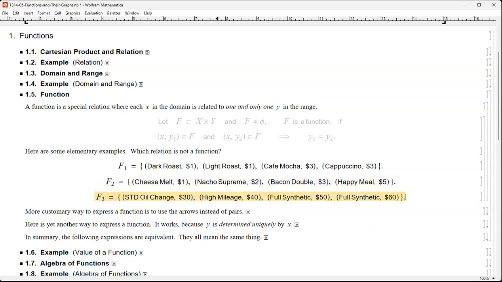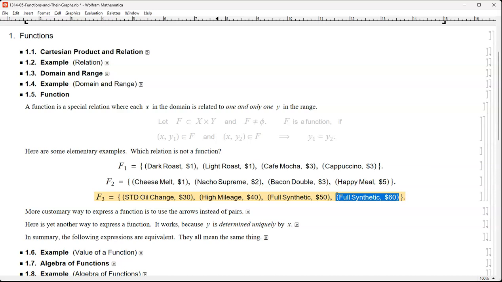How about this one here? Standard oil change $30, high mileage $40, full synthetic $50, full synthetic $60. Oh, we have a problem. Full synthetic, which is right, $50 or $60? You see, this is not a valid price tag. You cannot have two different prices for the same item here.